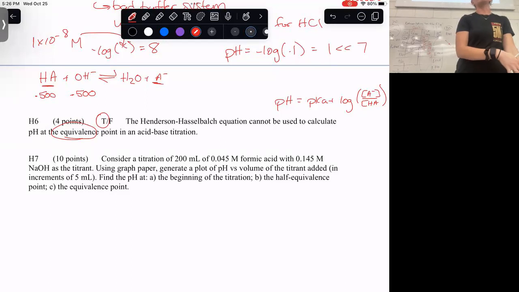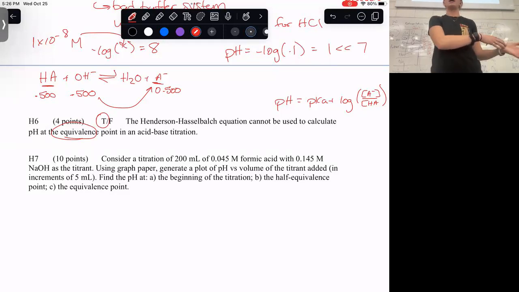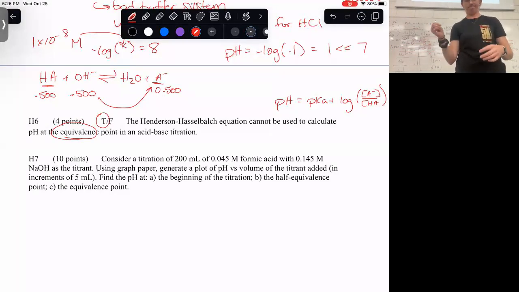And these are in moles, not molar. That means that your 0.5 moles of acid and 0.5 moles of base will react completely to form 0.5 moles of your conjugate base, excuse me. So you end up having 0 of your acid and all of your conjugate base.